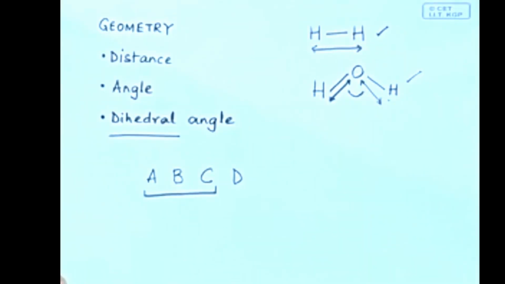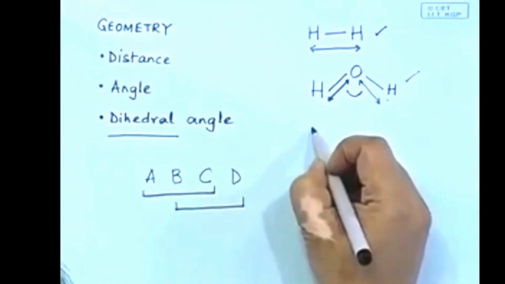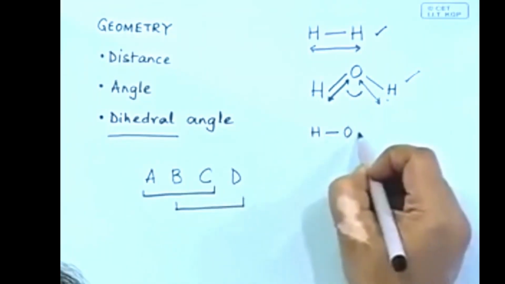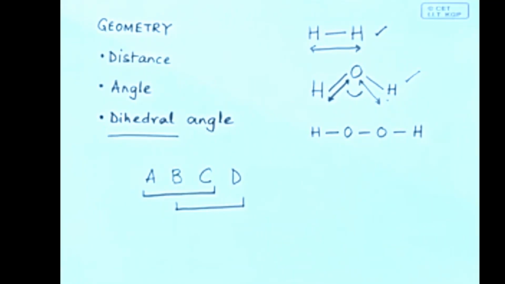So I can define a plane using the atoms A, B, C. I can define another plane using the atoms B, C, D, right? So now I have 2 planes. The angle between these two planes is your dihedral angle. We can have an example. Suppose let's take hydrogen peroxide. That is an example of ABCD.